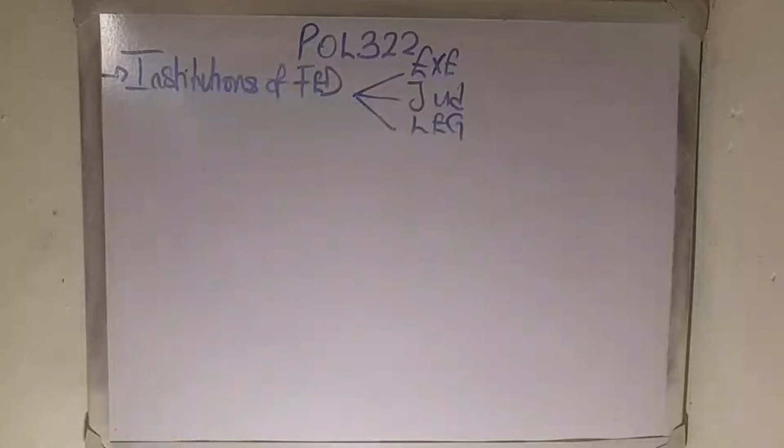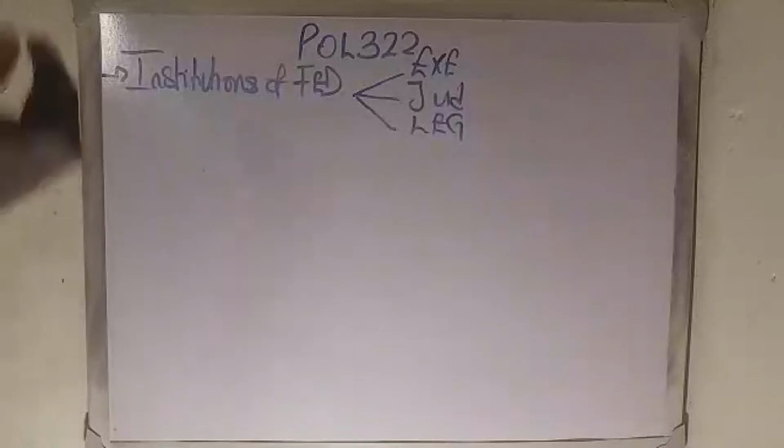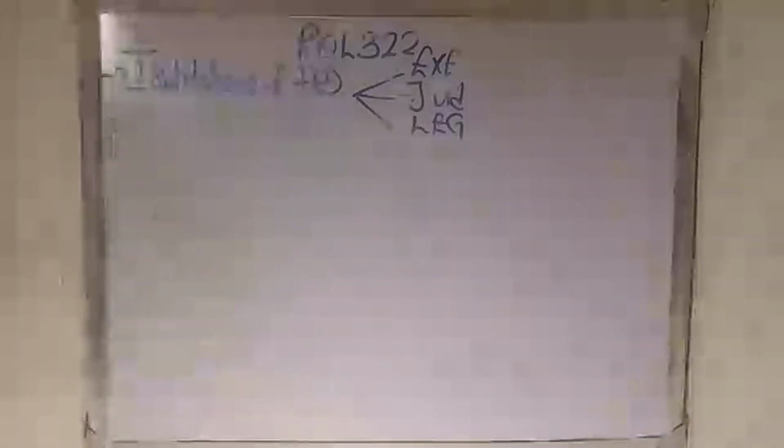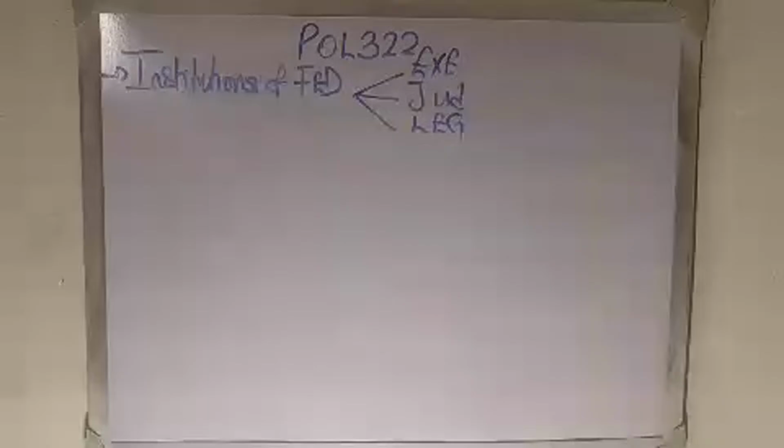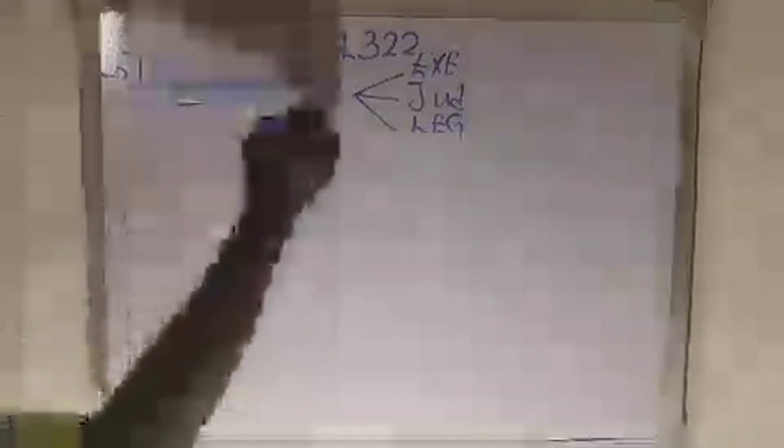Now, speaking of the executive, this is one of the essential arms of government. So we can call these institutions of federalism arms of government.